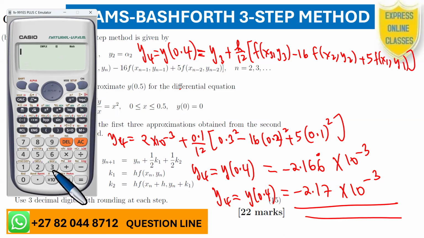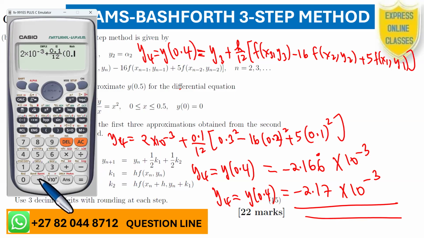So if, for example, you're dealing with 2 times 10 to the power negative 3 plus 0.1 divided by 12, 0.3, you square it.